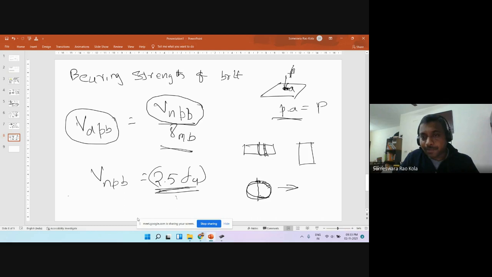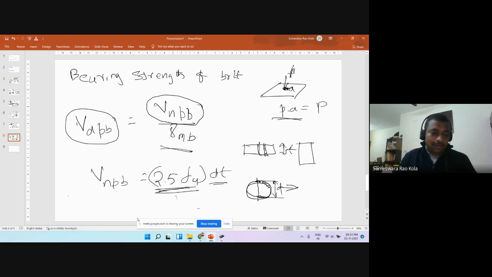So that will be given by simply the d into whatever the thickness of the plate. That's why we have an effective area of dt.